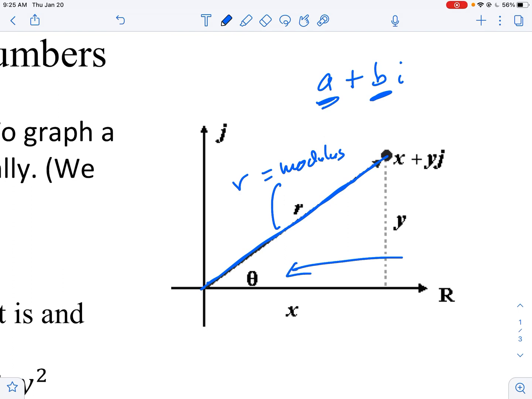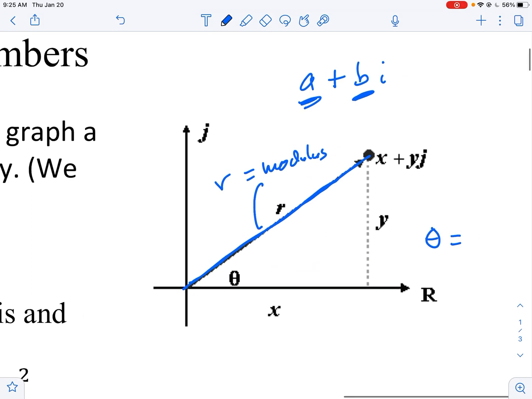Well, as in the last time we dealt with polar coordinates, you can get that angle just by doing the inverse tangent of the opposite side over the adjacent side, where the opposite side is the imaginary part, and the adjacent side is the real component.